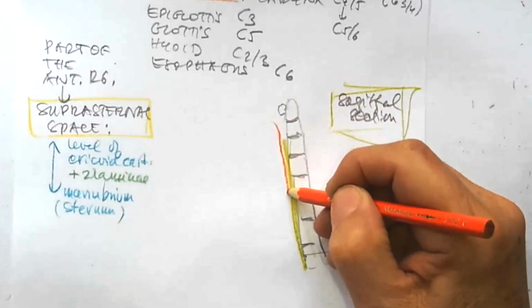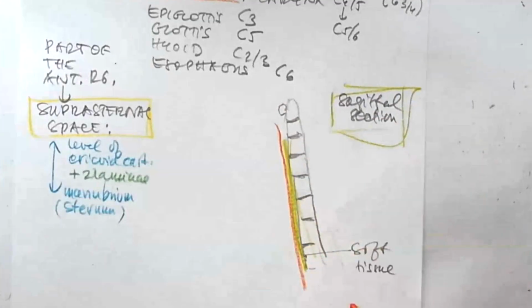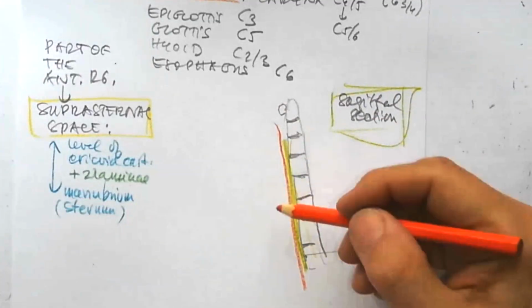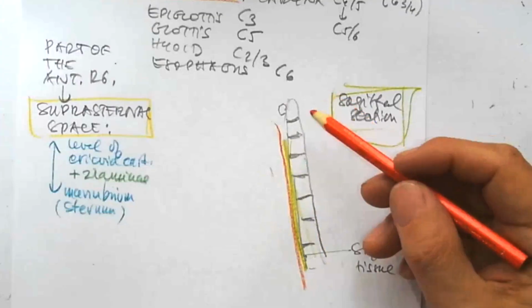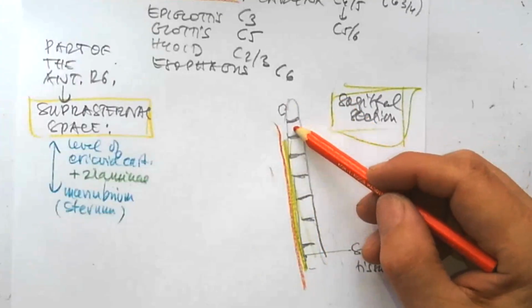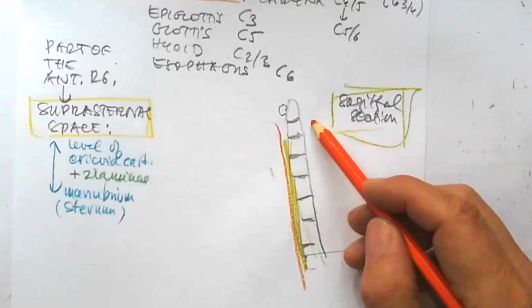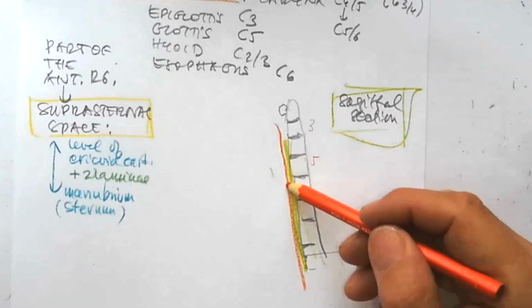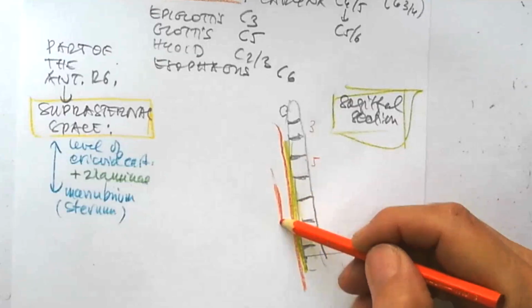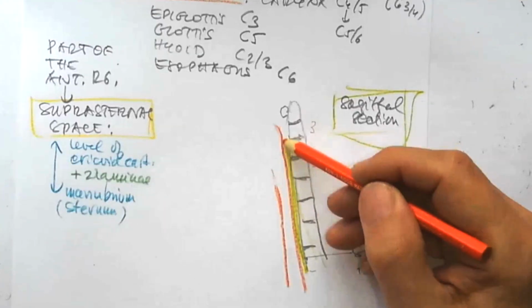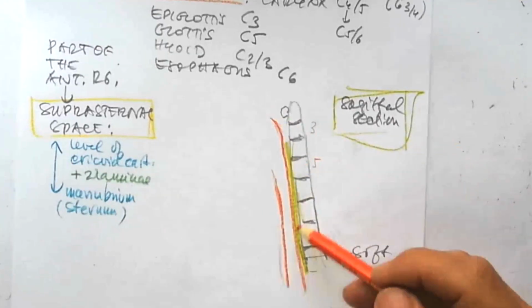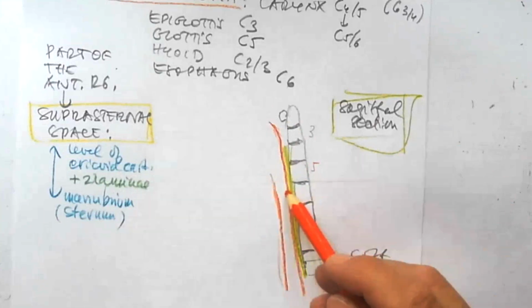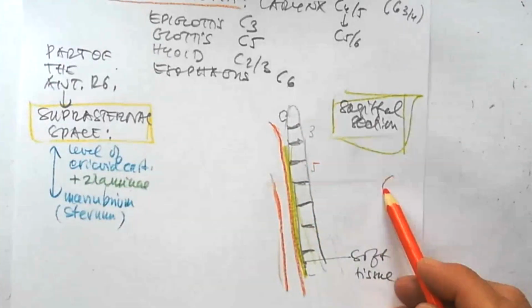So we are drawing now the line indicating the esophagus, and if we have 1, 2, 3, this is number 3, 4, 5, 6, from 6, distance esophagus, drawing the esophagus. This is the pharynx, right? Pharynx, esophagus, from C6 or from this line, doesn't matter.